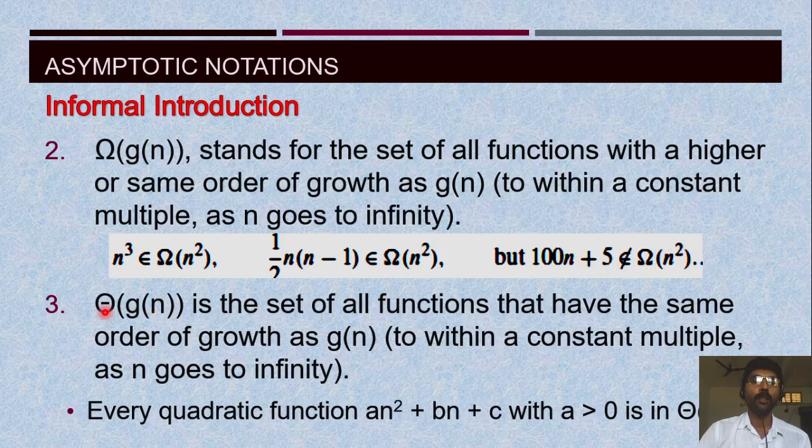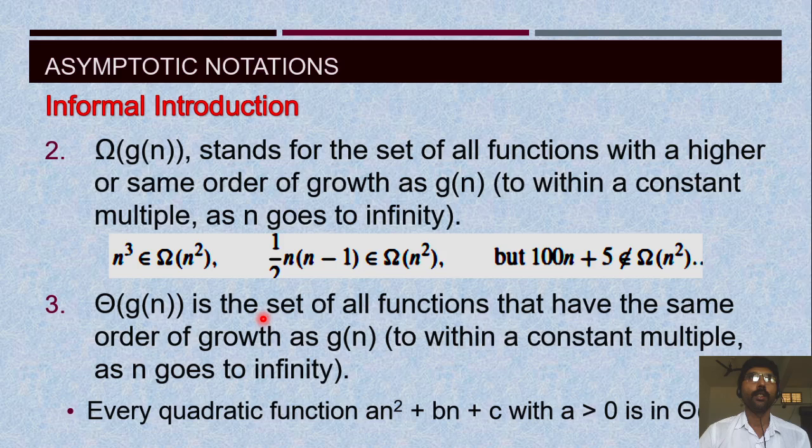Big theta means the set of all the functions that have the same order of growth as g of n, when g is multiplied by some constant value and n goes to infinity. Every quadratic function a n square plus b n plus c, where the a value is greater than 0, is theta of n square.